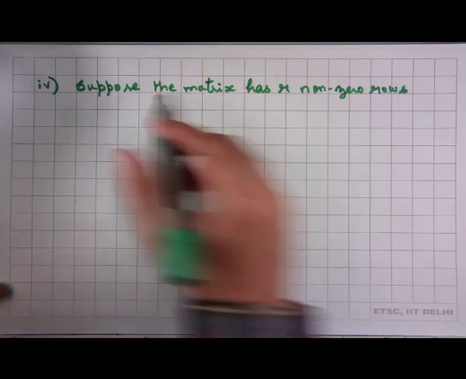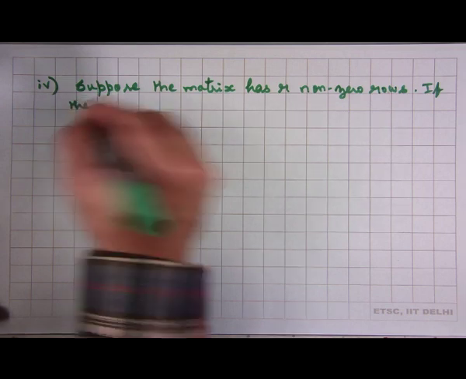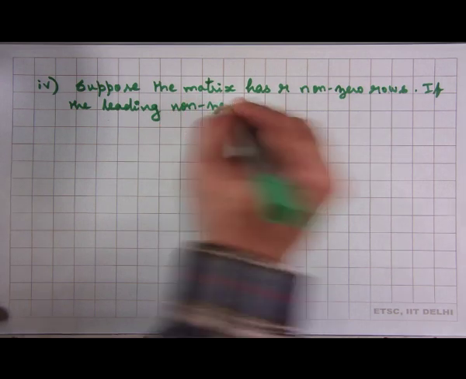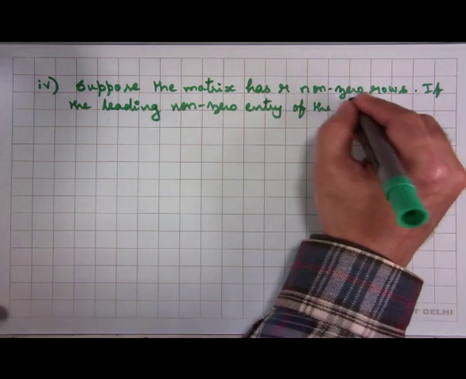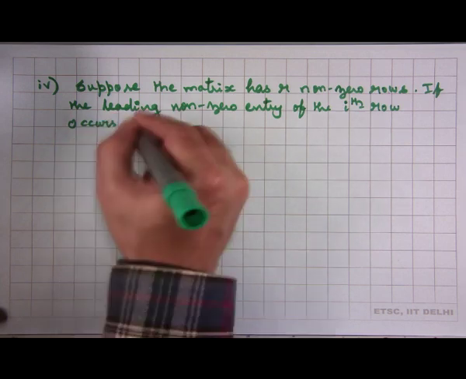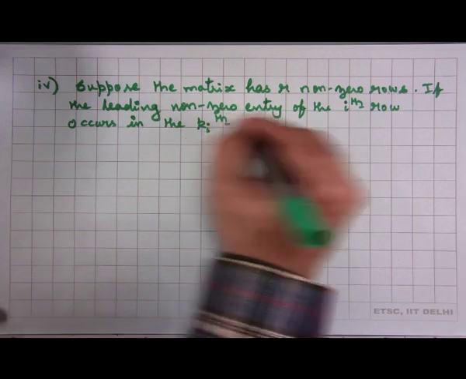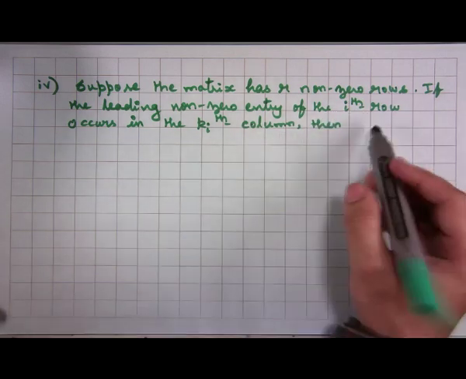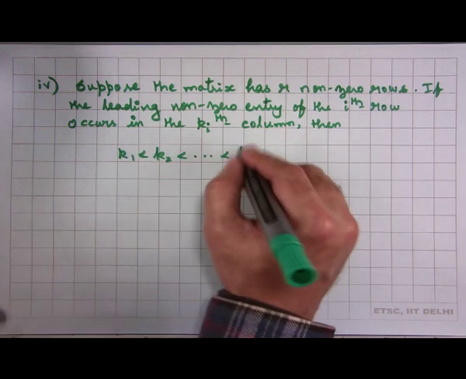If the leading non-zero entry of the ith row occurs in the kith column, then K1 is strictly less than K2, up to strictly less than Kr.